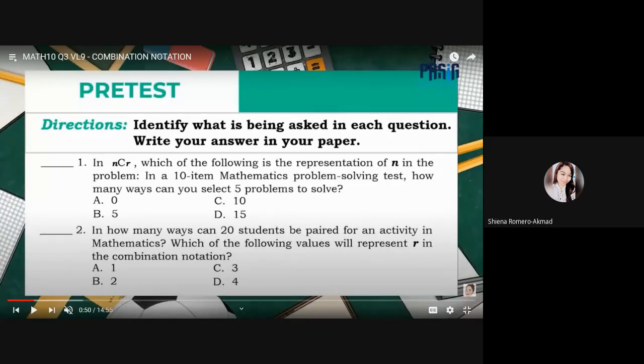Hello? Saan po kayo nakatira? Pwede po kayong puntahan? Saan po kayo nagtatrabaho po?